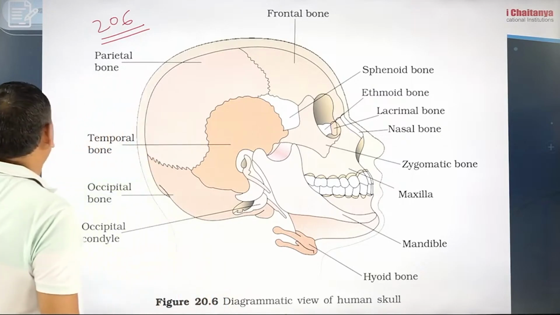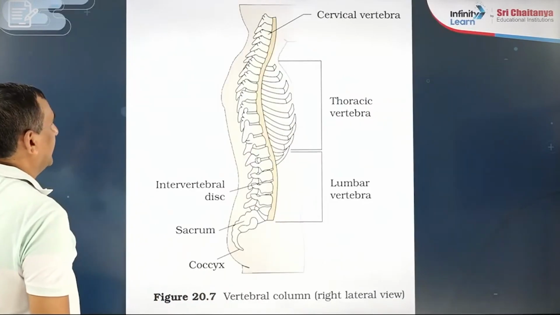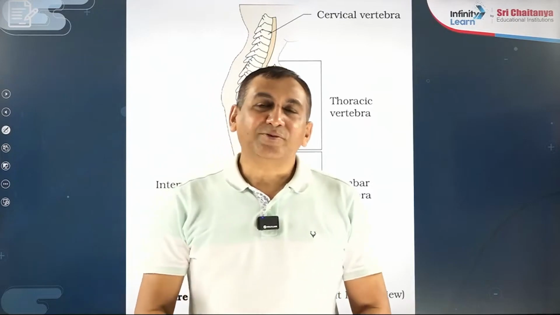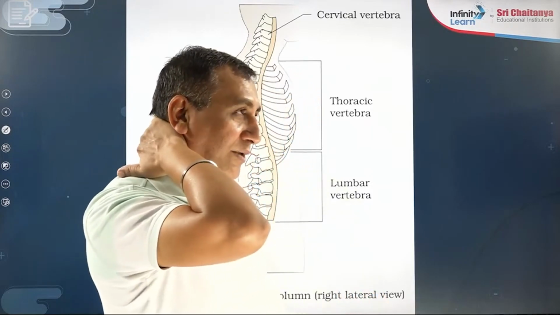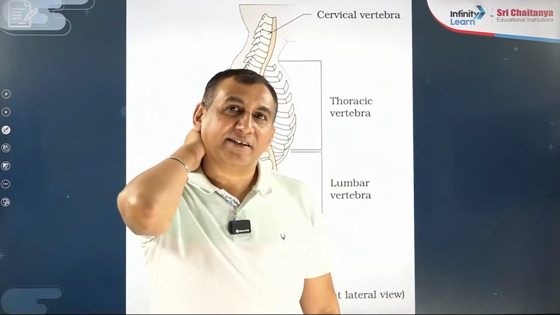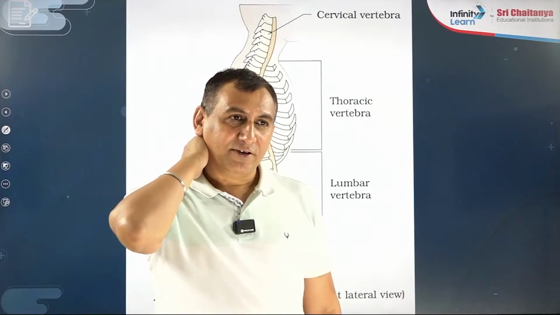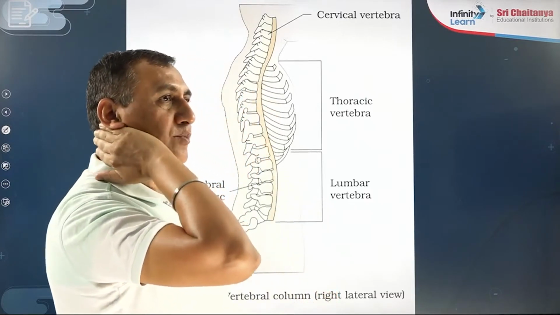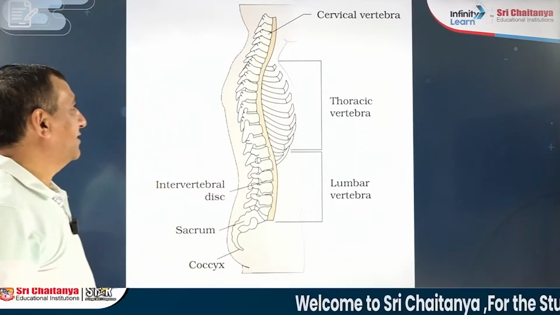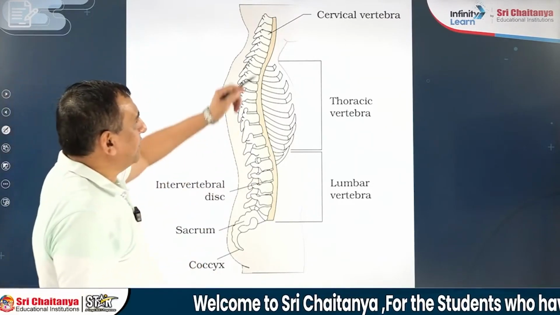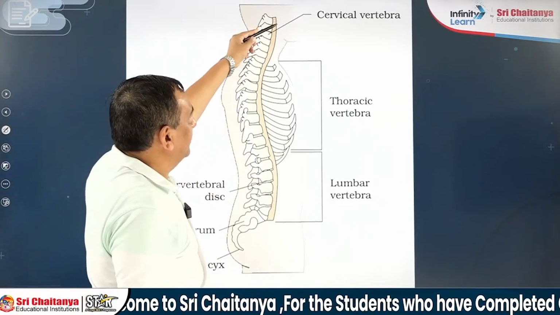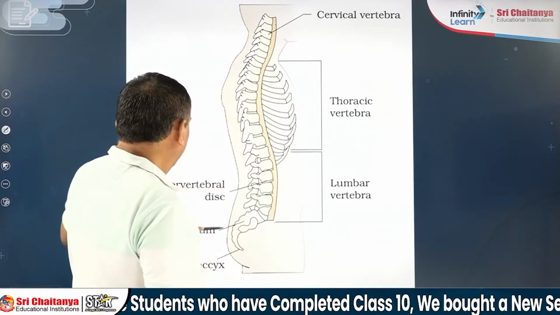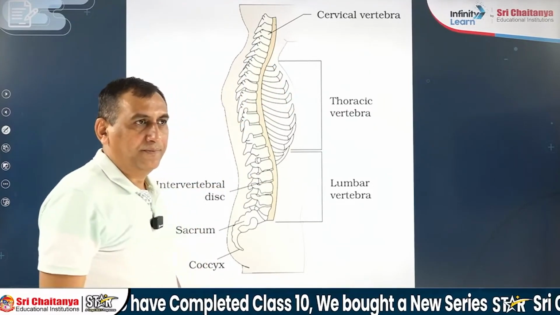This is the one point you have to keep in mind. Now, this is our vertebral column. I think you have heard sometimes people saying that they got cervical spondylosis. It means a problem related to the neck region. There are 5 parts of our vertebral column: cervical, thoracic, lumbar, sacral, coccyx.